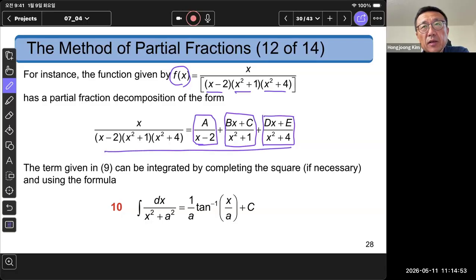Then you can multiply the qx on both sides.